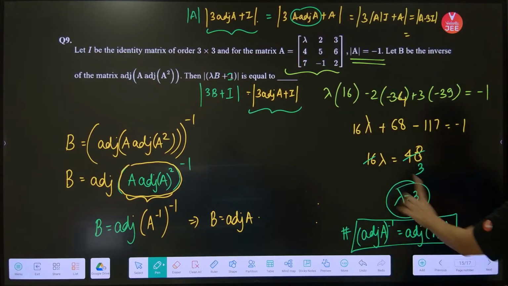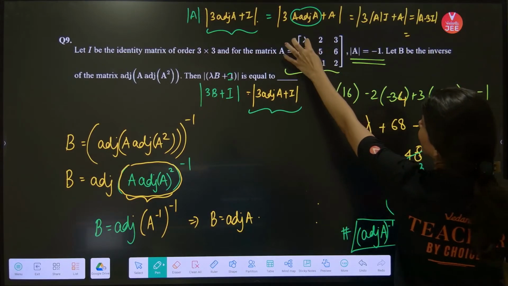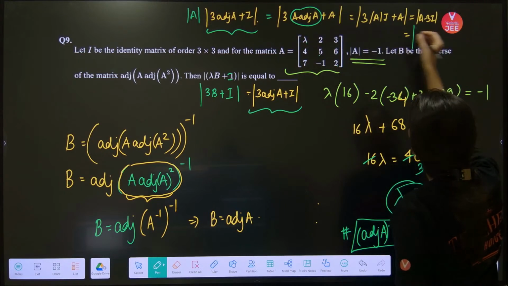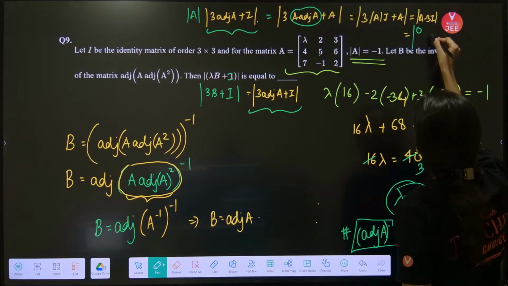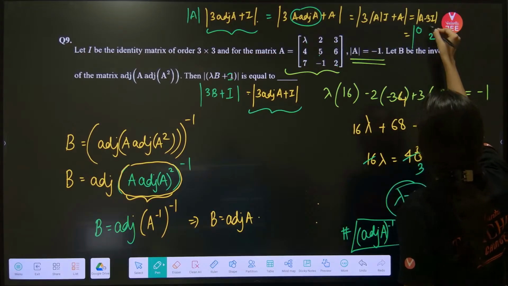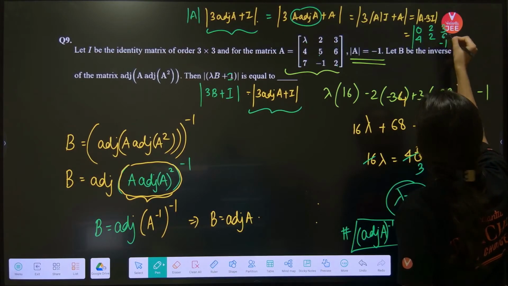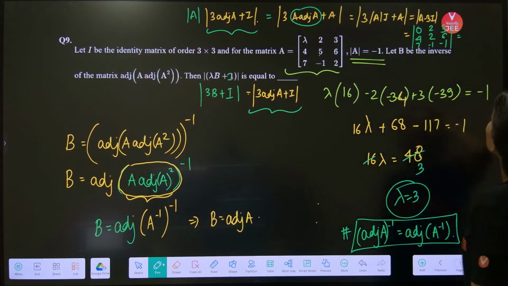Lambda is 3, A minus 3I. So just subtract 3, 3, 3 from the diagonal. So this is going to be 0 and 2 and -1. Rest everything will be the same. And 6, 7 minus 1. This is how it is. Solve it.